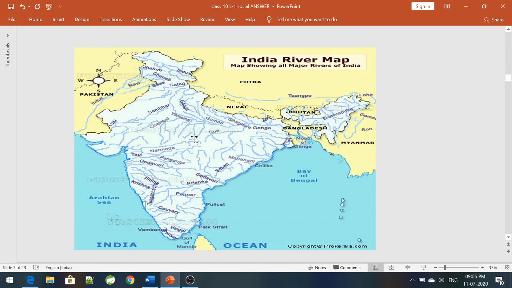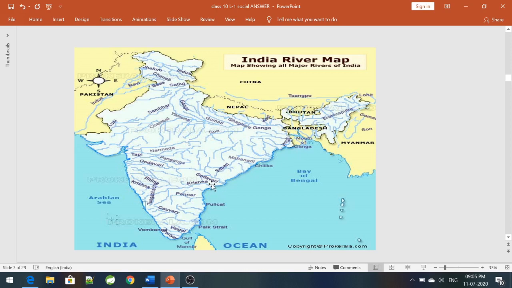These are all its tributaries: Sarda, Chambal, and Son. They flow through other states and all merge here. And Kosi is also one tributary, and they flow towards Bangladesh and then into the Bay of Bengal, Hooghly.